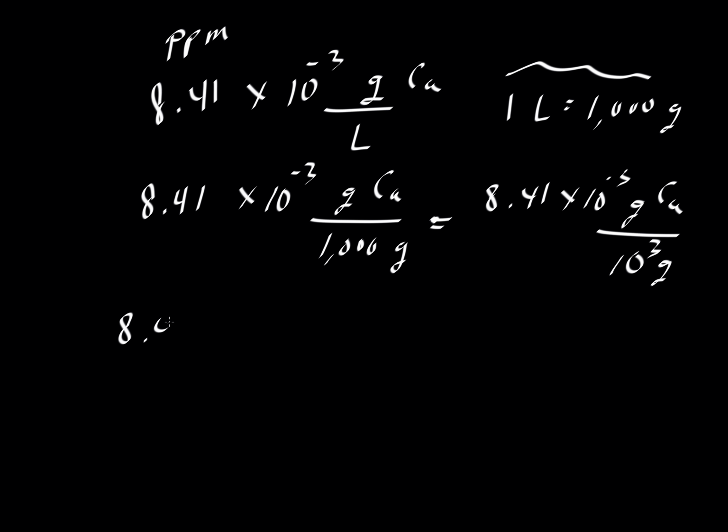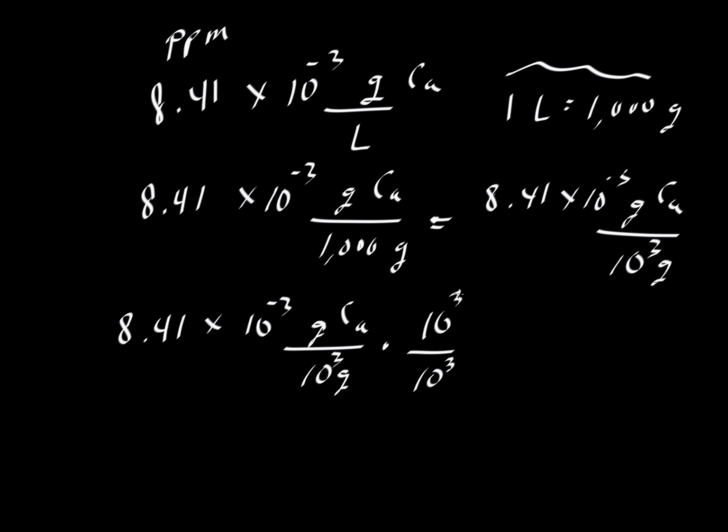We can now multiply top and bottom of this. So grams of calcium over 10 to the 3 grams of solution. We can multiply top and bottom by 10 to the 3. We multiply top and bottom by 10 to the 3 because we're not changing the concentration.